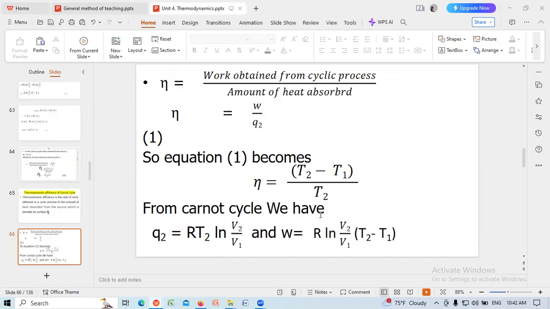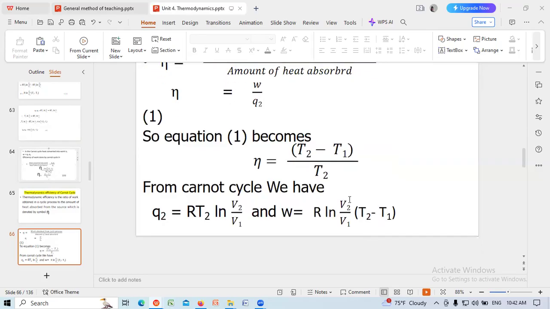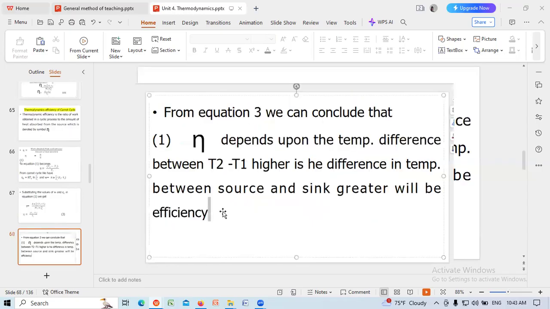From the Carnot cycle, we have Q2 equals RT2 ln(V2/V1) and W equals R ln(V2/V1)(T2 minus T1). Substituting the values of W and Q2 in equation 1, we get eta equals R ln(V2/V1)(T2 minus T1) over RT2 ln(V2/V1). That's why eta equals (T2 minus T1) over T2.